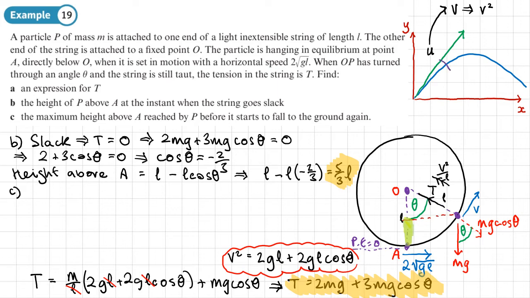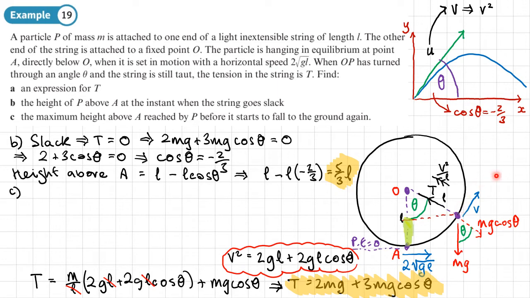Now remember, we said that that angle is the same as this angle at the center. Now we know the cosine of that angle is minus 2/3. So we're going to do projectile motion from this point up here.